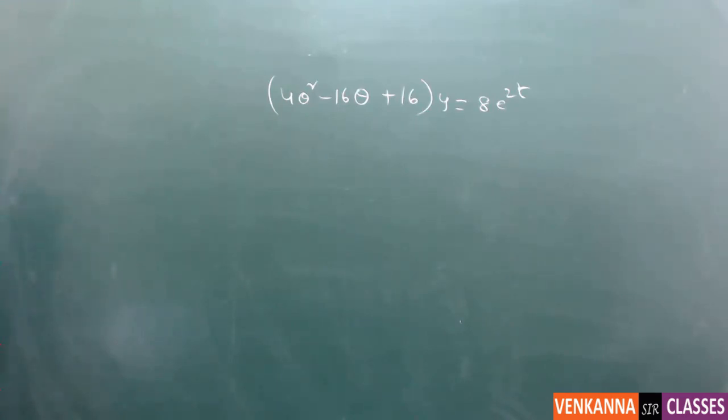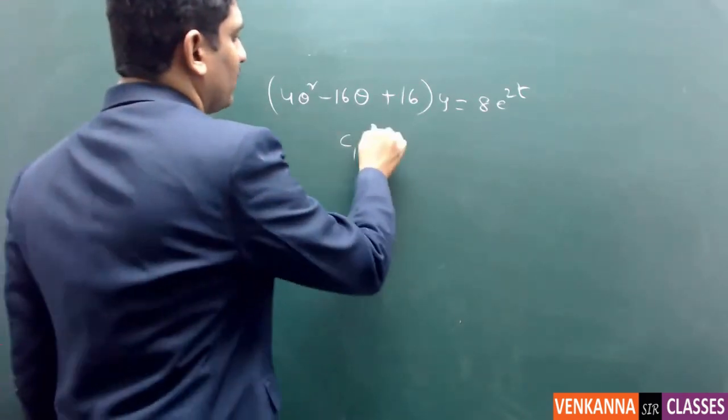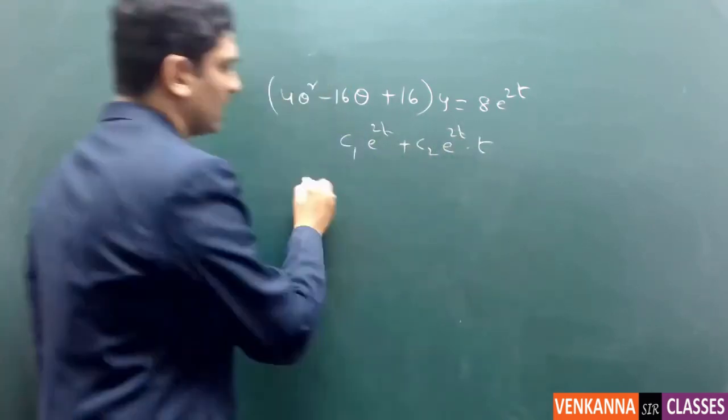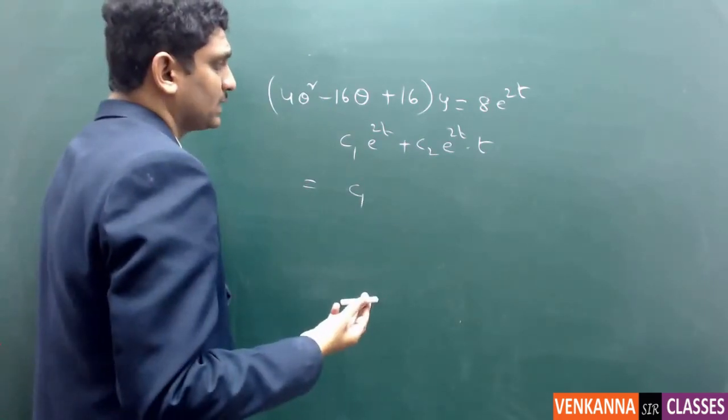So what are the roots? Yes. So C1 e power 2t plus C2 e power 2t into t, nothing but C1, as t is equal to log x.